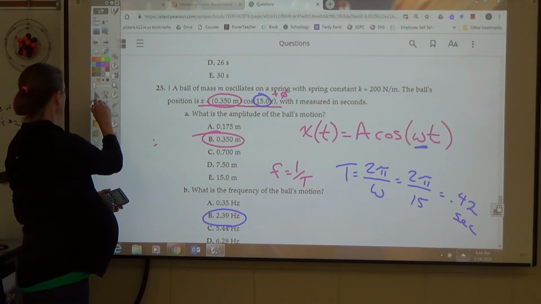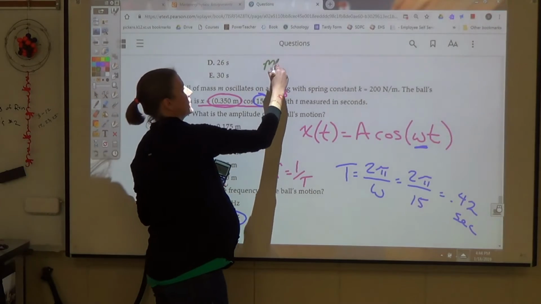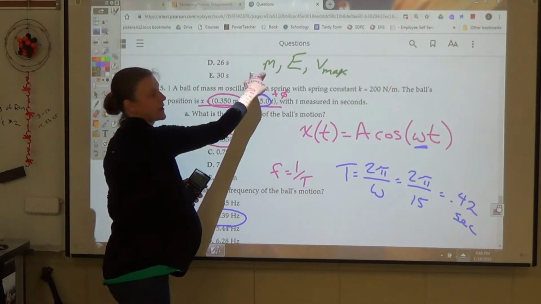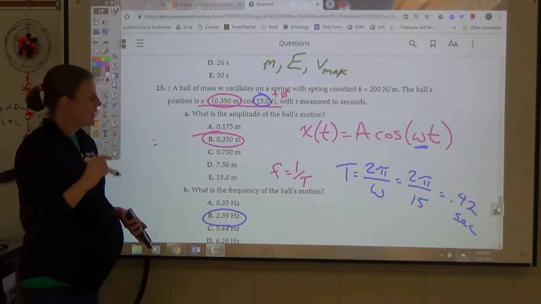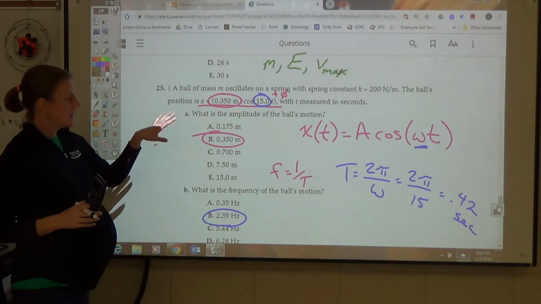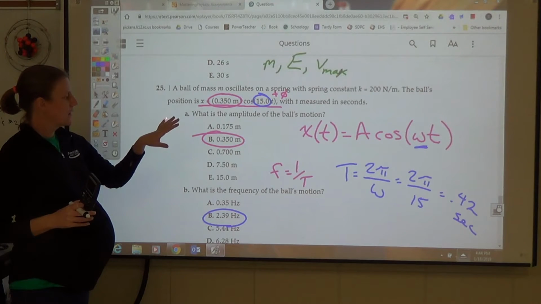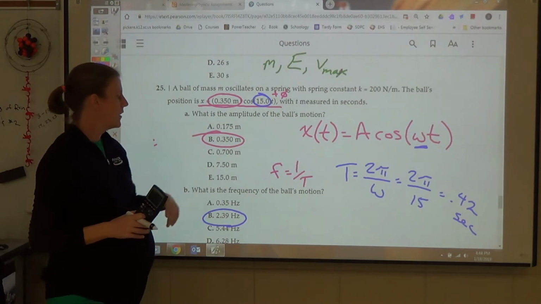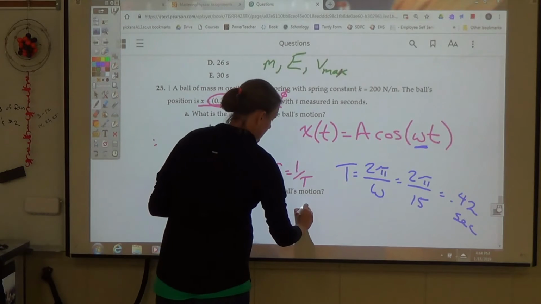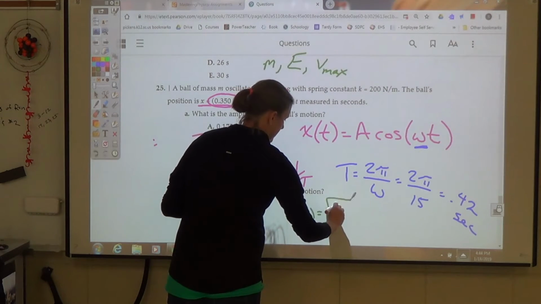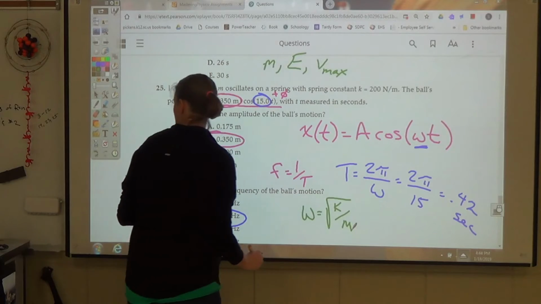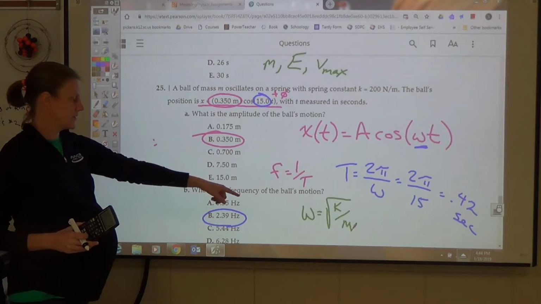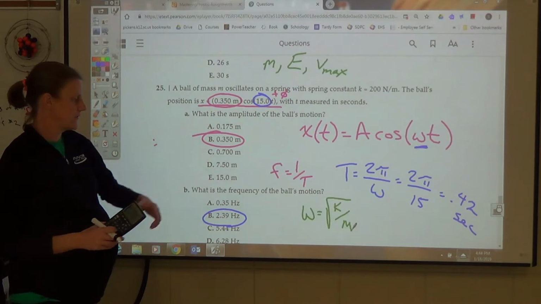Okay. So we have mass, energy, Vmax. Okay, so part C says, what is the mass? I can relate period to m and k. Also, you have this equation anyway. I'll just skip to that because I know omega is 15.